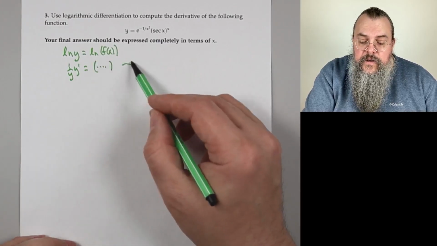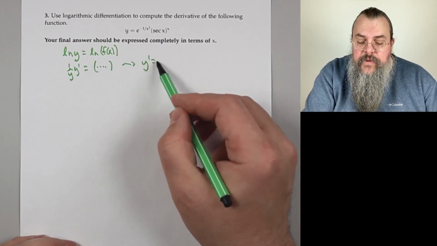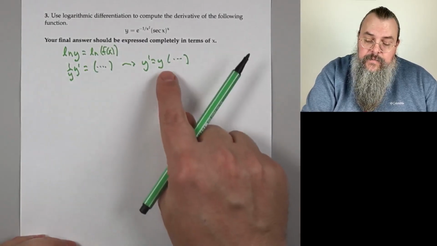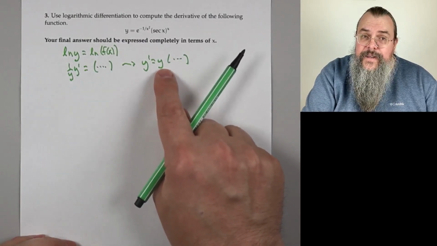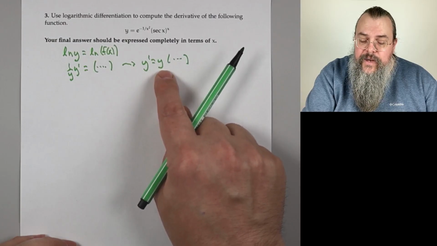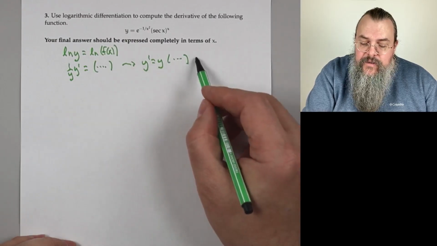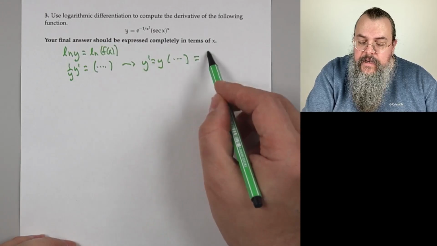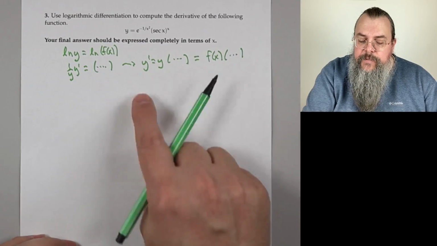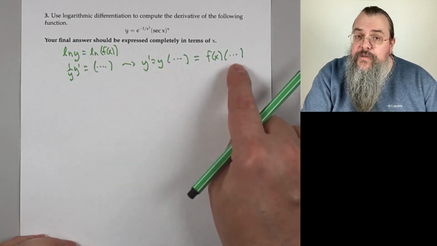And so sometimes people write y prime equals y times the original expression. But that y, that's what they want to not have. So when they say all in terms of x, they don't want that. Well, that's easy, because y is the original function. So you have y prime equals the original function times stuff.